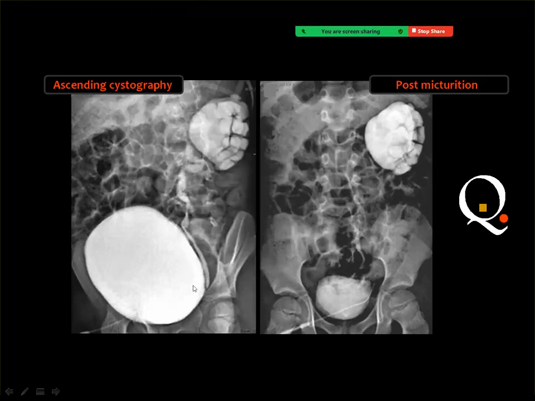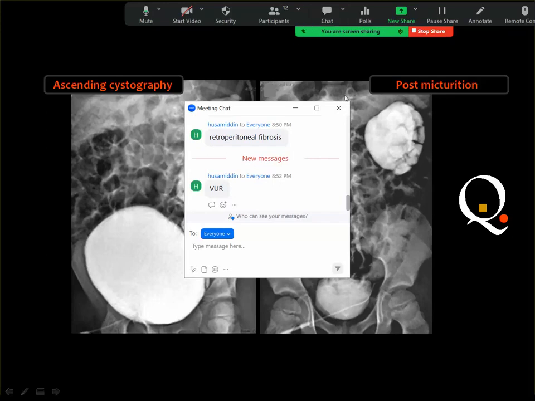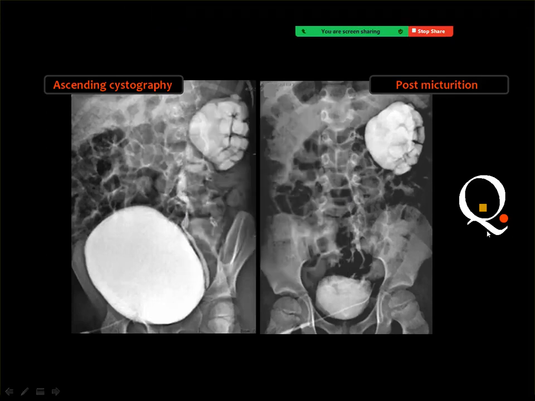Okay, and if you see that the contrast material has passed through the ureter to the collecting system during ascending cystography, and this is vesicoureteric reflux grade 5, because the ureter is dilated and tortuous, the pelvicalyceal system is ballooned.